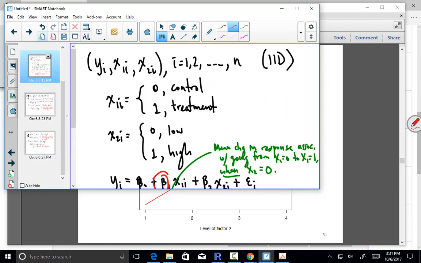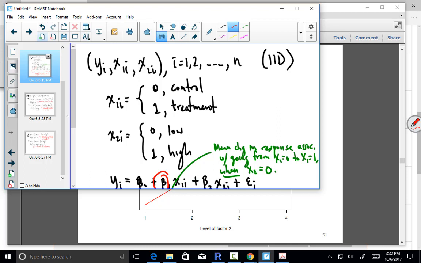Going back to the beginning of what I've been writing here, the way I have presented this problem, where we have treatment or control and we have high or low dose, this is an ANOVA setup because we have a numeric response and a couple of categorical predictors.